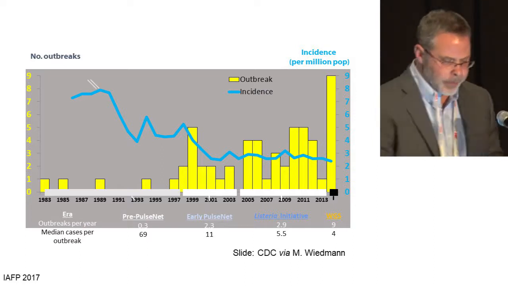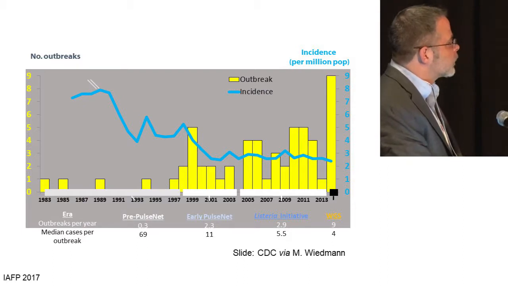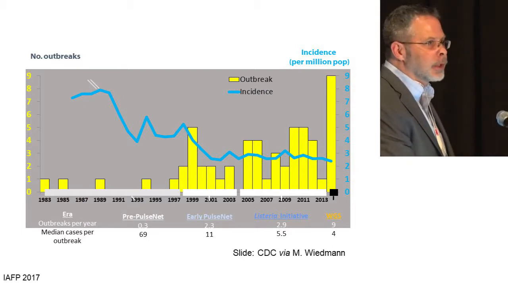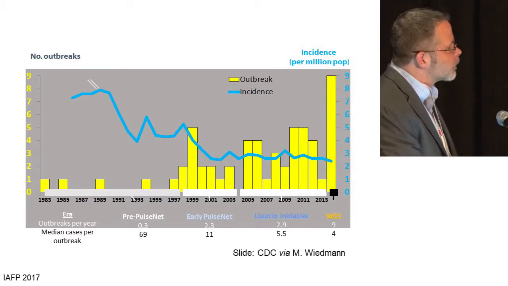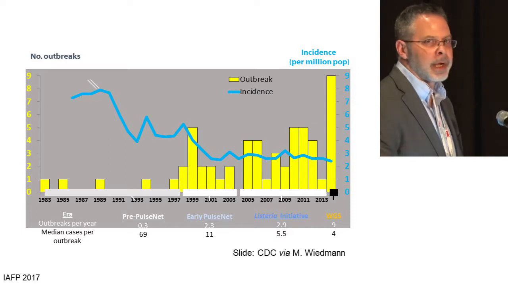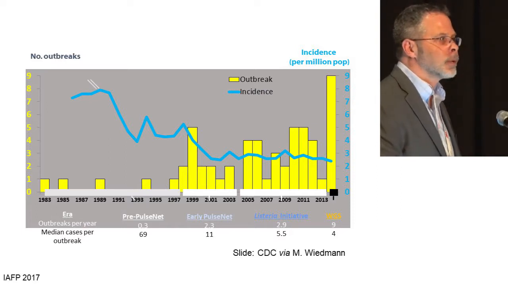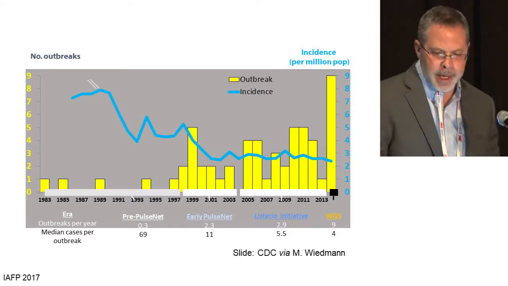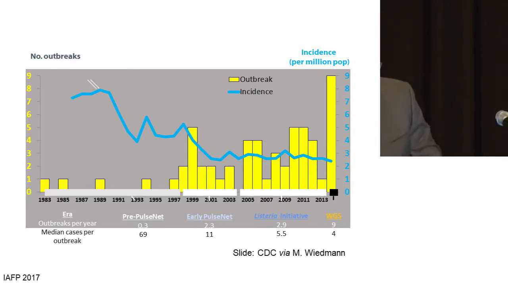You see on this graph that the number of cases of listeriosis in the US has plateaued, but we're seeing greater and greater outbreaks with the evolution of technologies and precision of the methods we're able to use to identify whether these outbreaks occur.